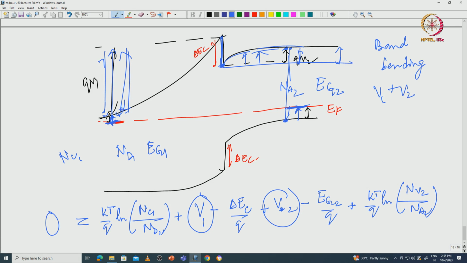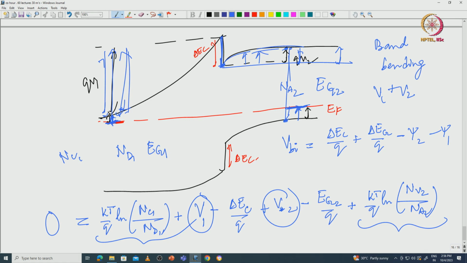So I can keep this here and move everything else. So this is actually your built-in potential. The band bending on both sides added together is your built-in potential, is equal to, I take everything on the other side, delta EC by Q plus delta EG by Q, minus this quantity, I call it maybe psi 2, minus this quantity, psi 1.